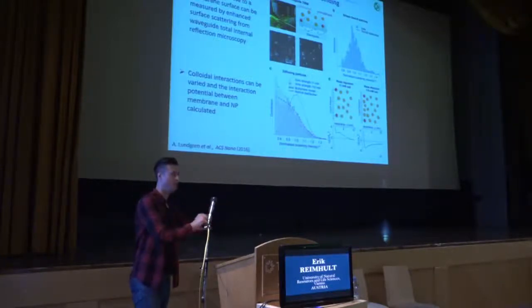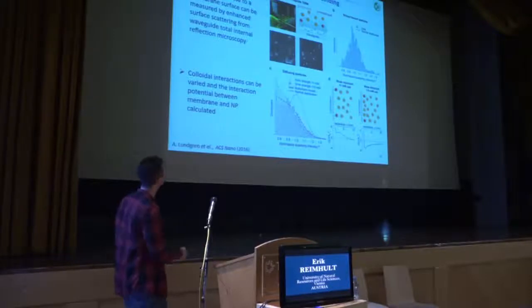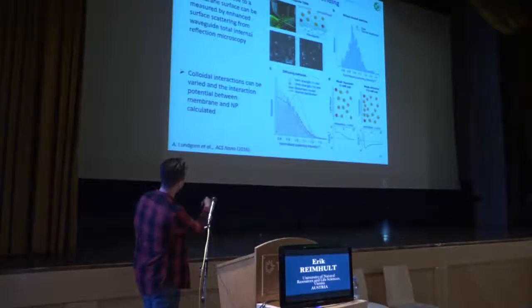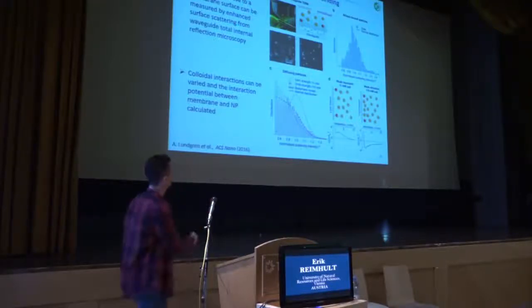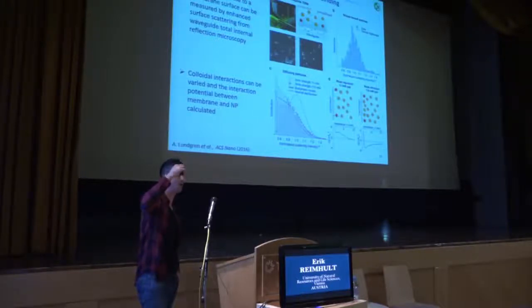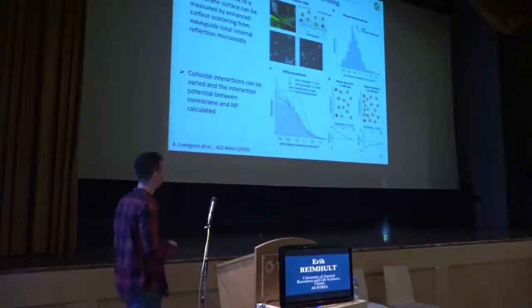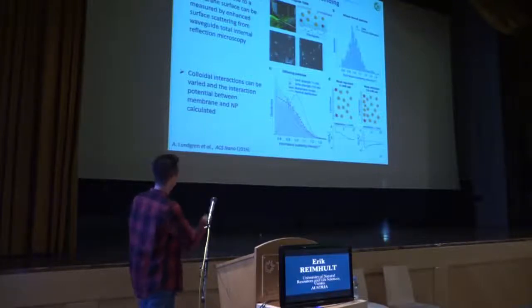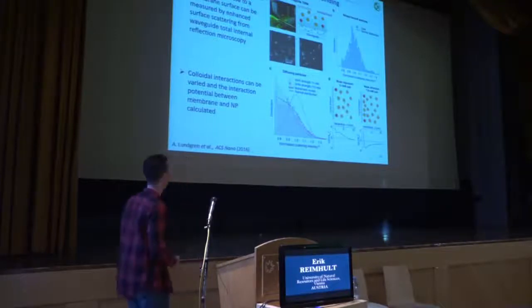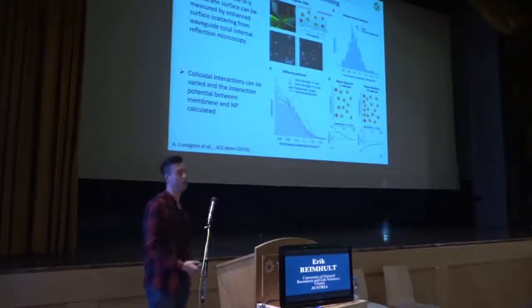In order to map out that potential, we need a tool to measure the interaction potential of nanoparticles with the surface, which is not so easy because they scatter very little light. But then, developed by some colleagues of mine, was a very, very flat waveguide, which makes it possible for us to measure scattering from single nanoparticles with such precision that we can look at these gold nanoparticles and look at what distribution they have close to the surface, and also account for small differences in particle size that influence the scattering a lot.